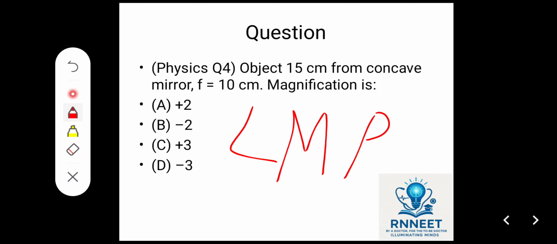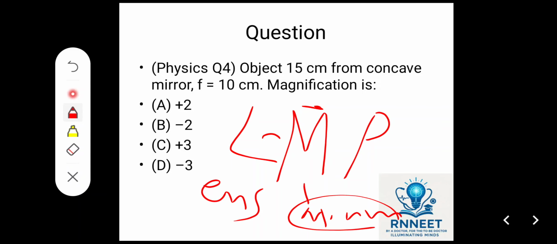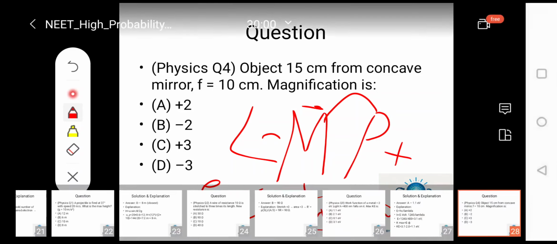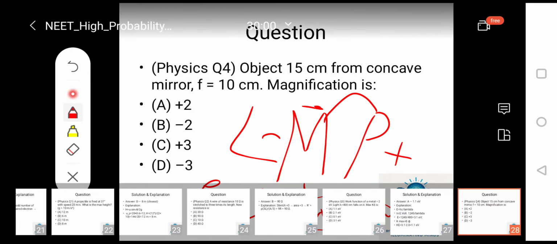So remember this. L for lens, lens is minus. M stands for mirror, and that is plus. So lens is minus, mirror is plus.